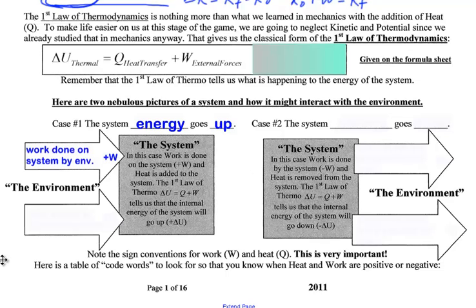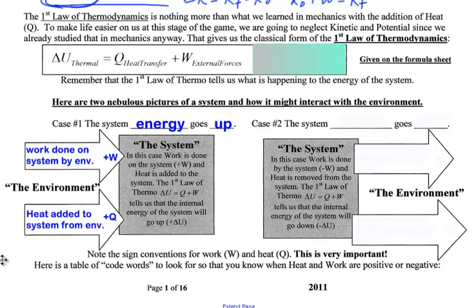If work is done on the system by the environment, we are going to have a positive work. That would be something like, if you take that piston again and it was compressed, work would be done on our system. It's something that's squeezing that gas together, therefore work is done on it, and that gas would gain energy because it's been confined.